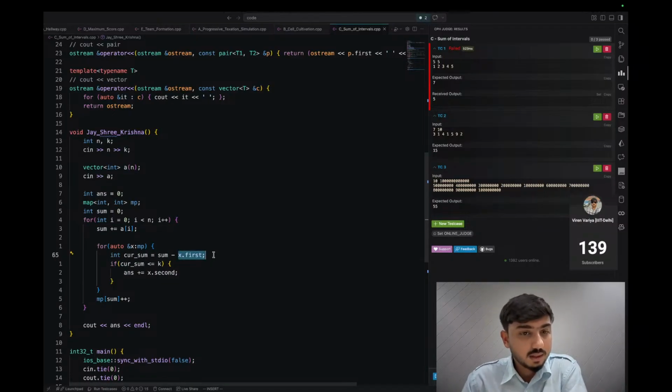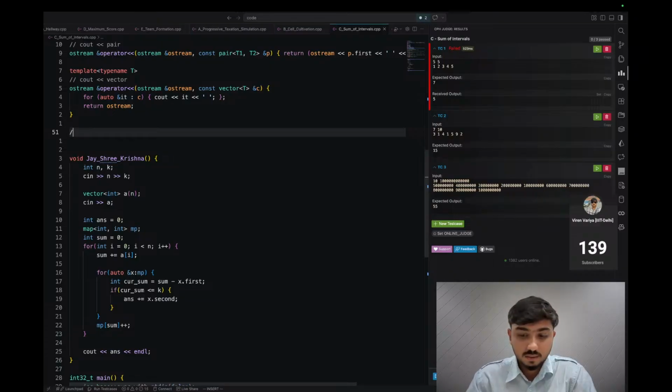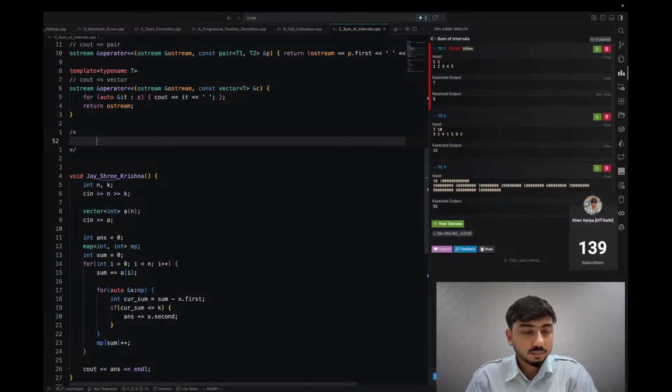If I subtract this and I have sums less than or equal to k, then we have to add this much. What I'm doing is, I have a sum of this, the current sum, the entire prefix.